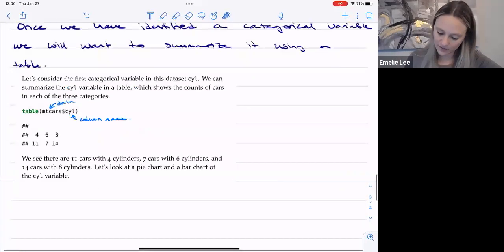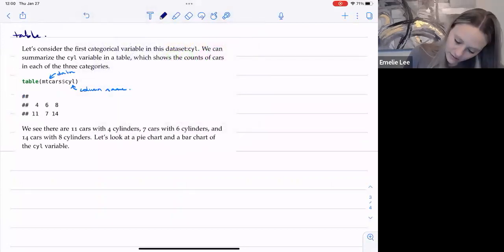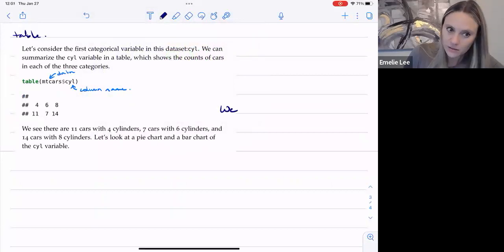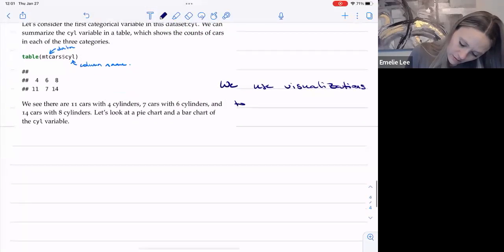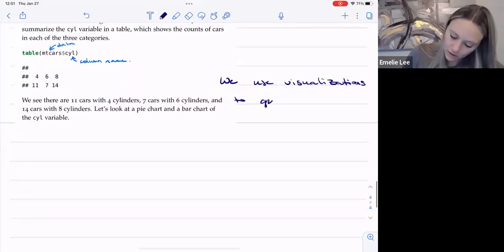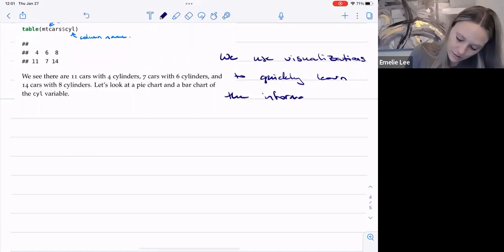So we use visualizations to quickly learn the information in the table.